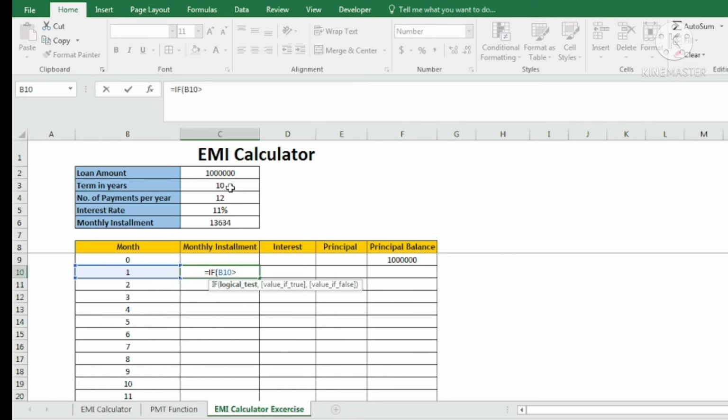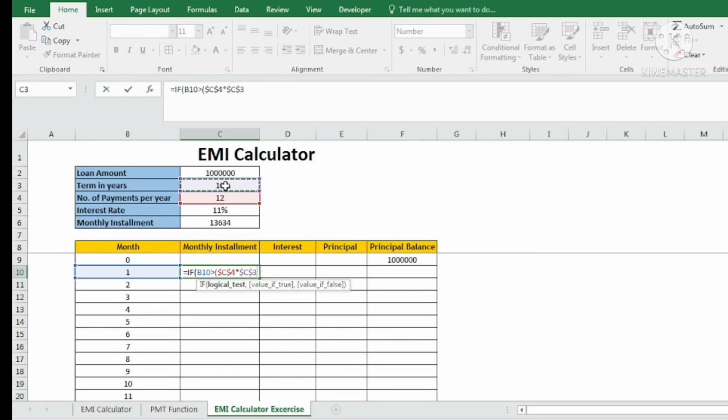That means the number of years and number of payments in a year, that is 12 into 10 in this case. So I will change this cell. I will take this cell, open bracket, if this B10 is greater than this cell, I will lock this cell because I want to copy the formula down, into this cell. Again I will lock this cell.